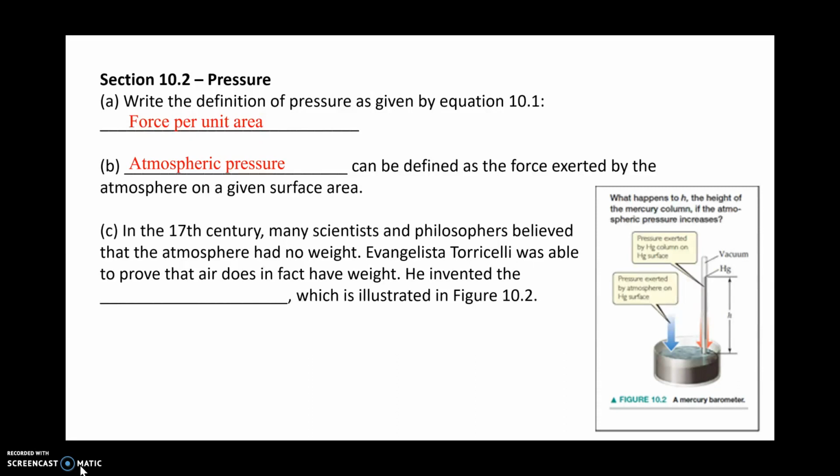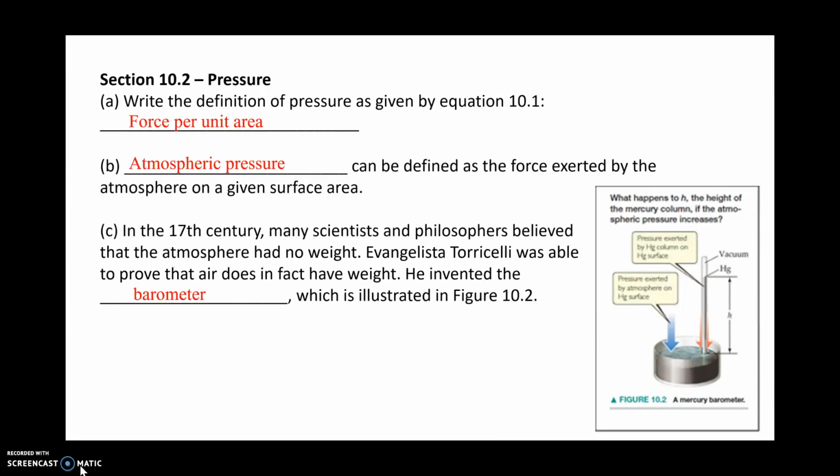Now, back a long time ago in the 1600s, an Italian man by the name of Evangelista Torricelli was able to prove that air does have weight, and he invented the barometer, which is illustrated in this picture that you see. At the time, they didn't know that mercury was poisonous or really hazardous long term. It's not poisonous immediately, but mercury was relatively easy to obtain.